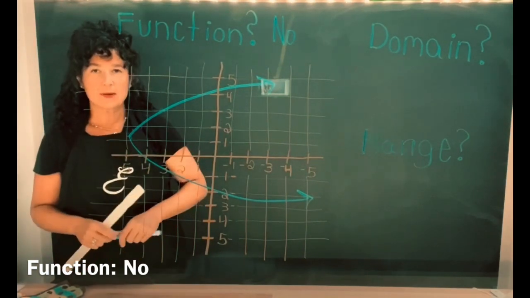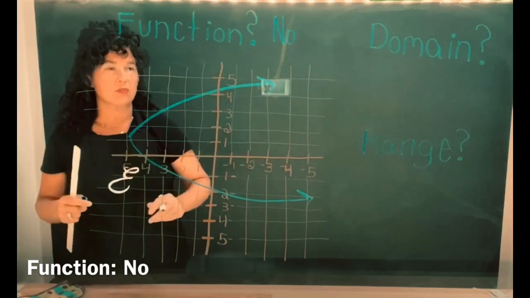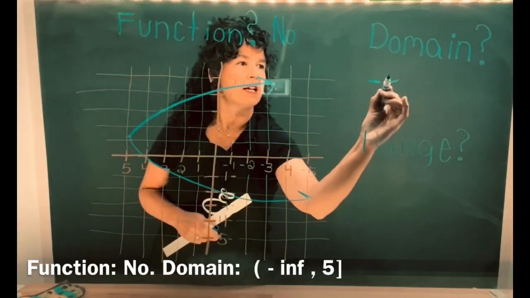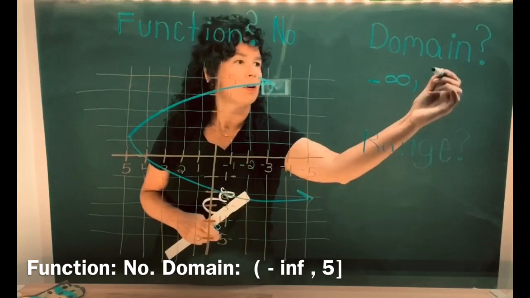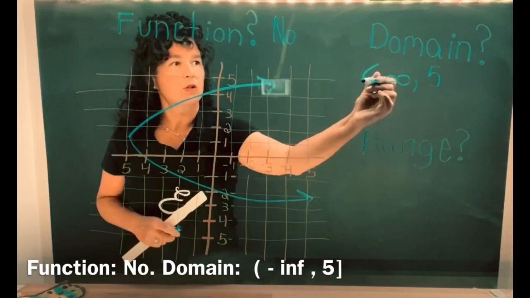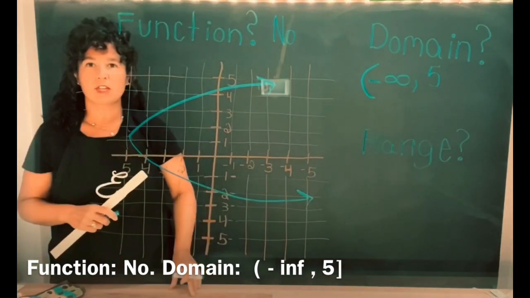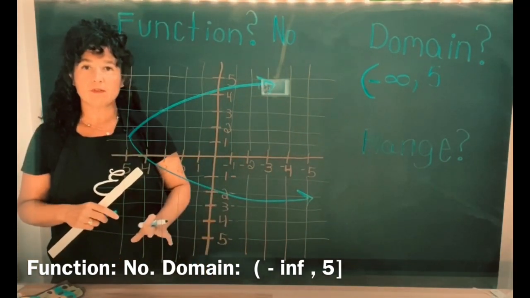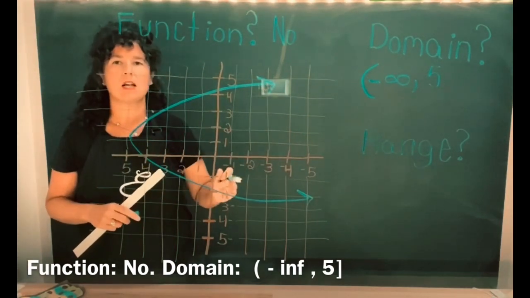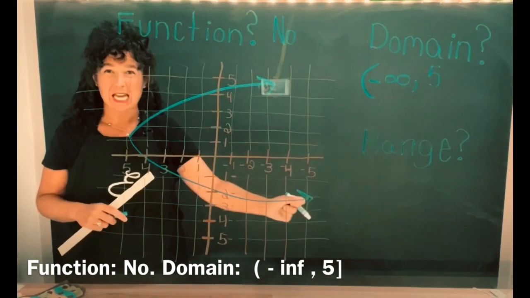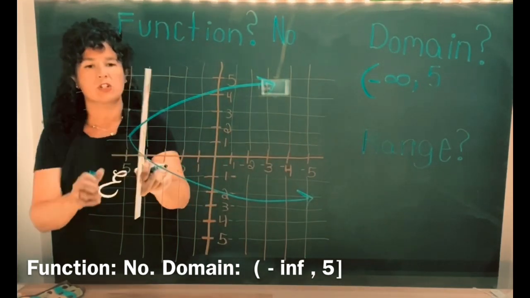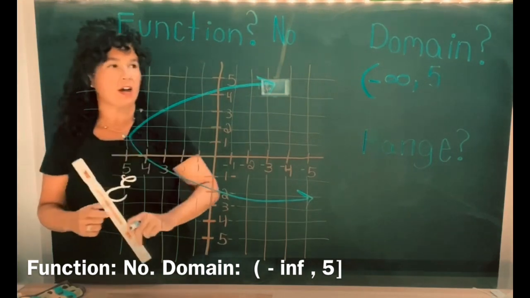So listing the x values from least to greatest, we're going to say negative infinity through 5. The symbols, you always want to use a parenthesis for the infinity or negative infinity, because you can never actually get there. It's a concept, it's not a value you're actually getting to. And then we're going to go up through 5, and we actually are in contact at 5, so we're going to use a bracket.